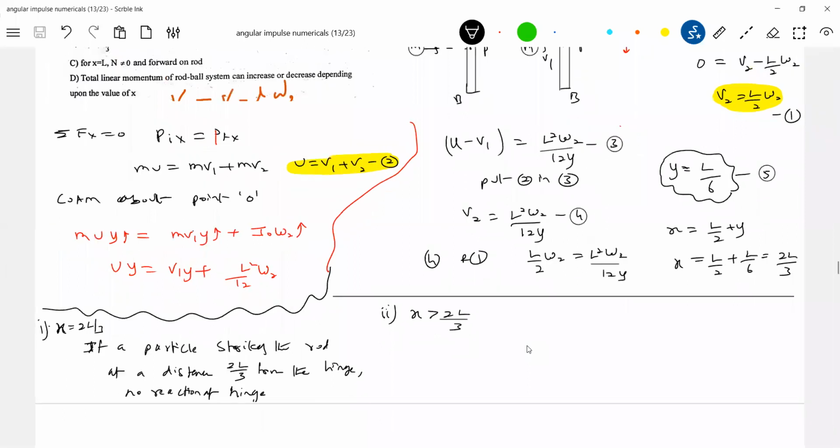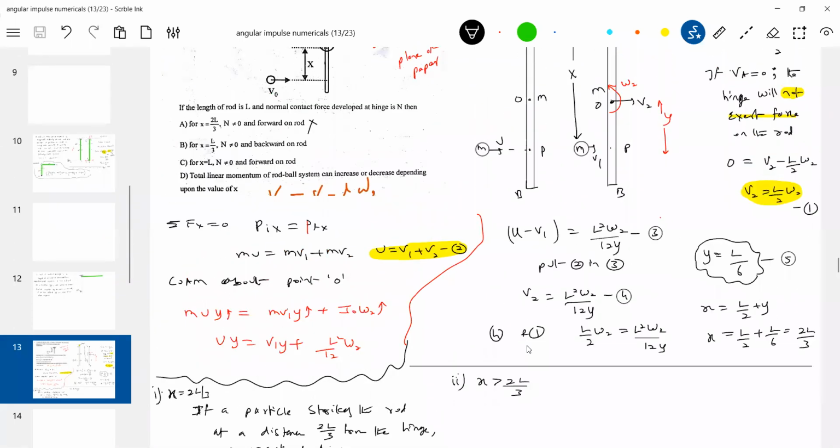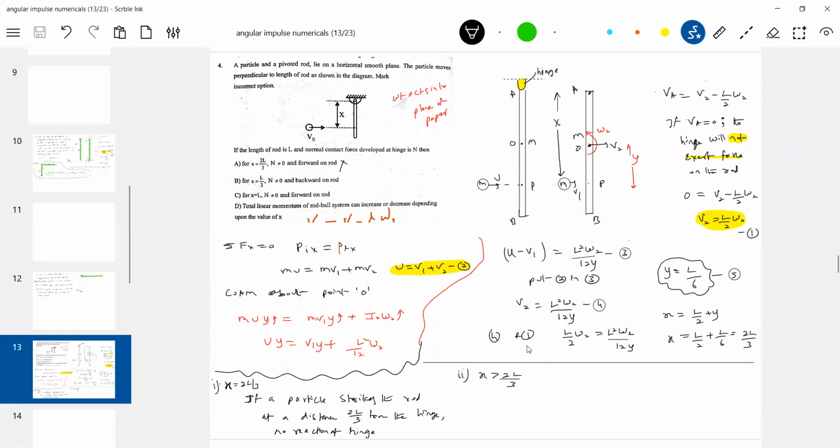We have enough space for x greater than 2L by 3, and tell me what conditions will come. Everything is visible, please do make observations.